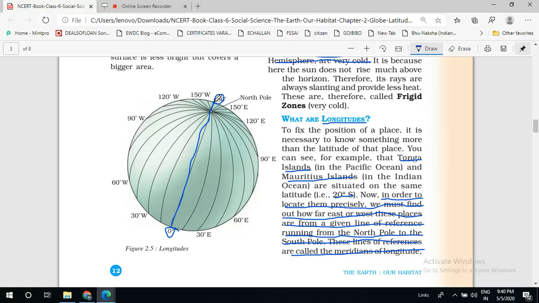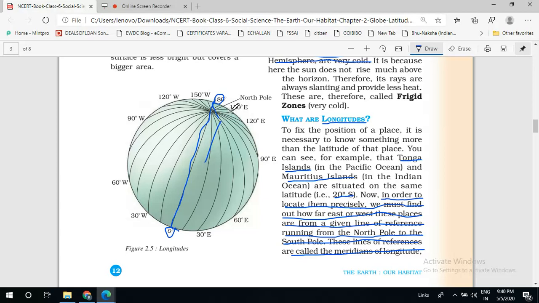Now what we find is that there are many meridians of longitude. These are the meridians of longitude. This is 30 degree west. This is 60 degree west. This is 90 degree west and 120 degree and 150 degree.